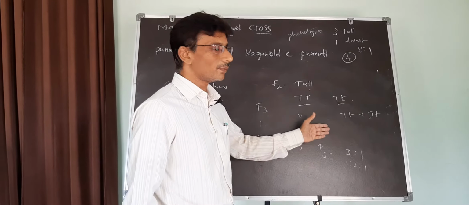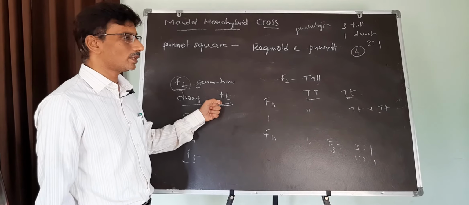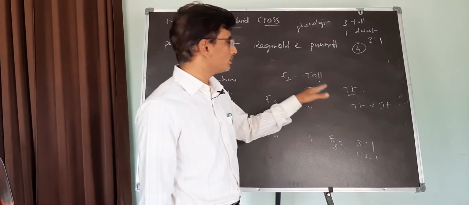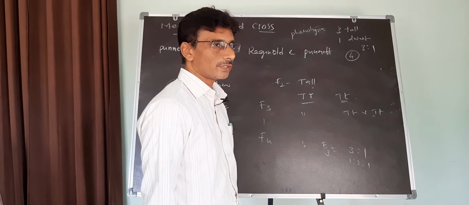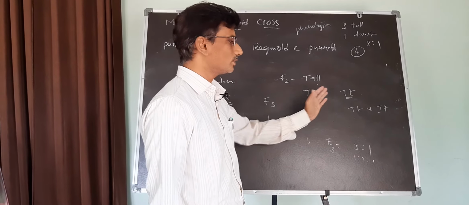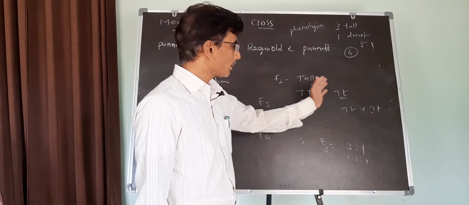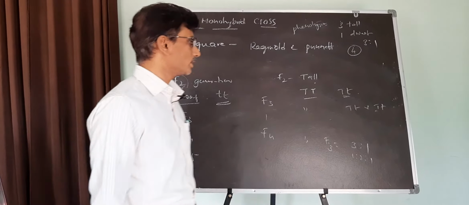So with the help of these results, you can say the dwarf plants of the F2 generation are all homozygous, but the tall plants of the F2 generation, some are homozygous, some are heterozygous. What proportion homozygous, what proportion heterozygous, we have already discussed: 1/4 are homozygous tall and half of the plants are heterozygous tall plants.